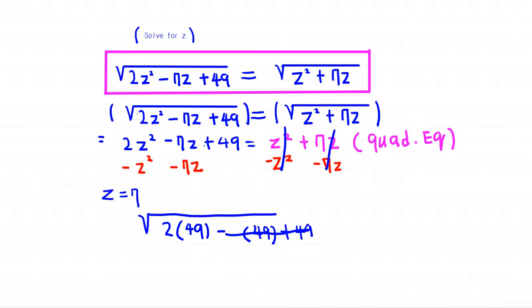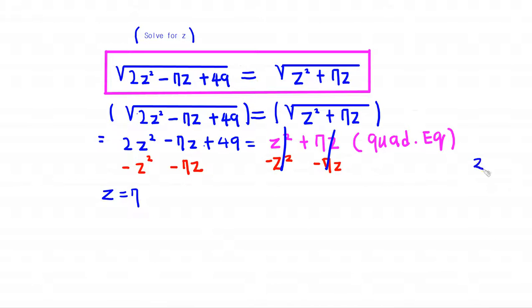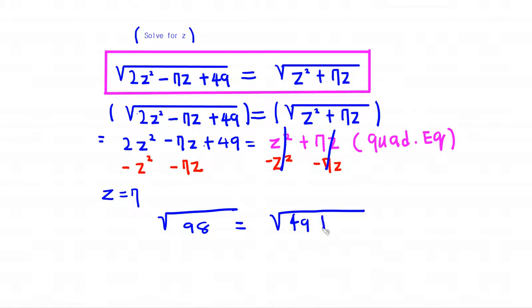So it is just 2 times 49, which is 98. The left side is the square root of 98, and the right side is the square root of z squared, which is 49, plus 7 times 7, which is 49, so also the square root of 98.